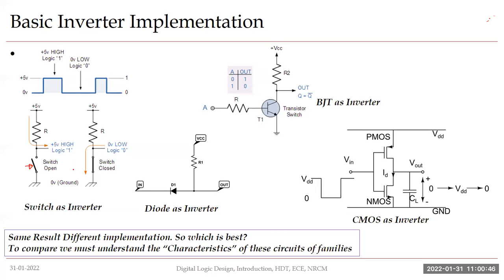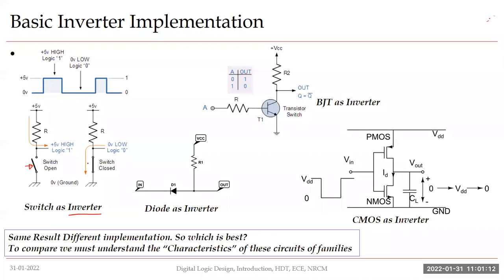Hence, when I give logic 1 at the input, logic 0 appears at the output. Whatever input I give here, the opposite appears at the output, which is the typical operation of an inverter. Hence, here the switch is acting as an inverter.